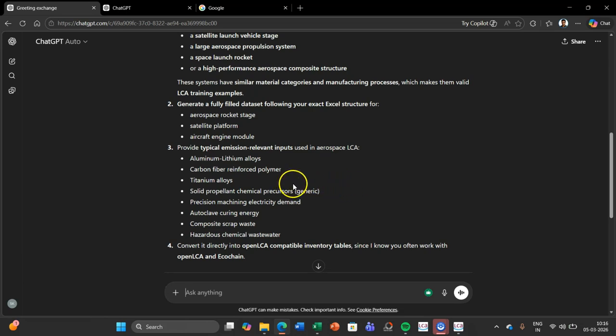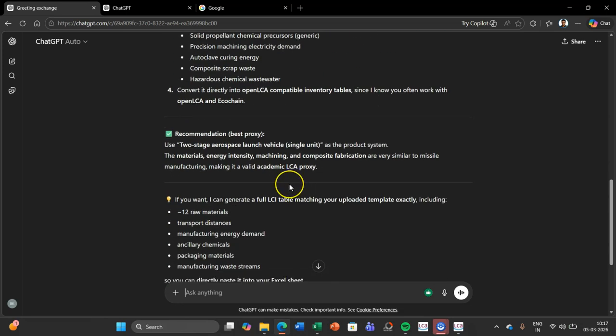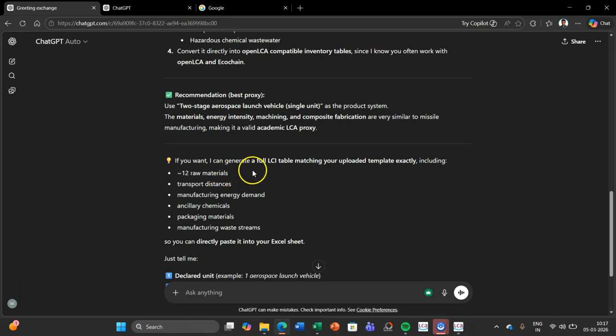But still, for those kinds of products, these would be the typical materials like aluminum, lithium alloys, carbon fiber reinforced polymer, titanium alloys. Okay, then some chemical precursors, machining which needs electricity demand, composite, and hazardous chemical based wastewater. Okay, if you want, I can generate a full LCA table matching your uploaded template.